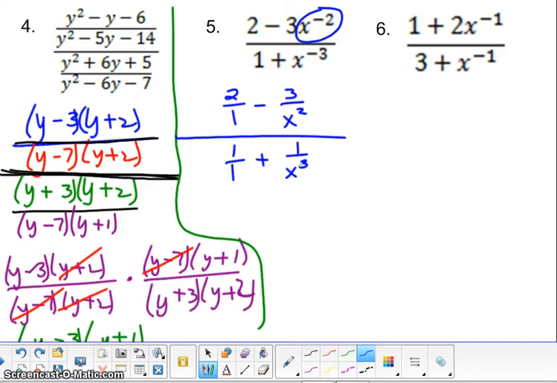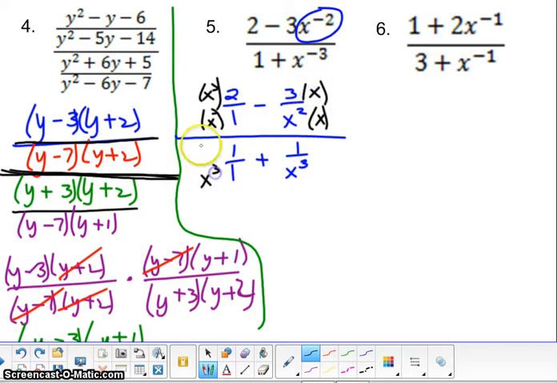Okay, so decide what the GCF is. Look at all the denominators. And x cubed is a value that they will all go into. Okay, so I'm going to multiply the bottom by x cubed and the top. This one just needs an x.